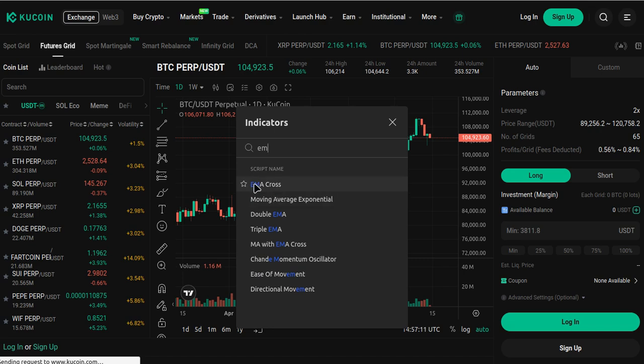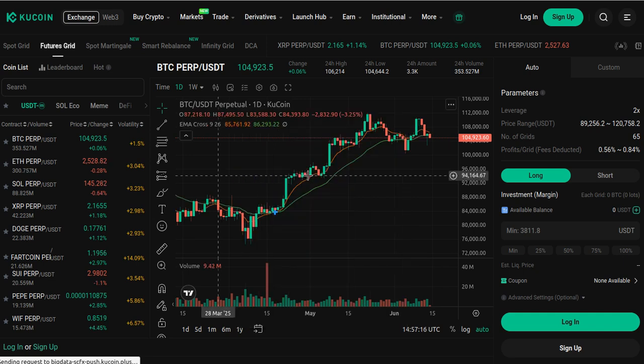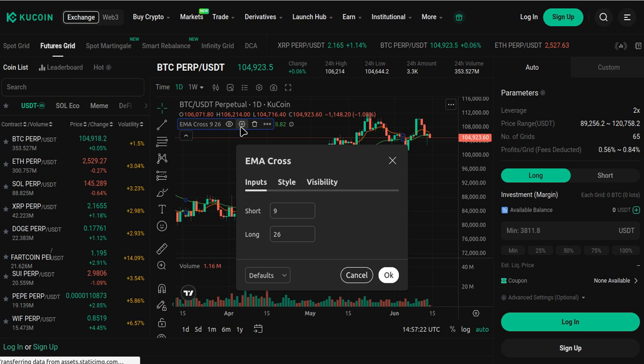This is what we're going to use right here. Okay, now in the EMA cross, we want to focus on the 50-day moving average and the 200-day moving average.